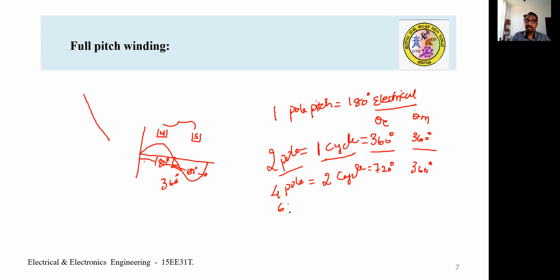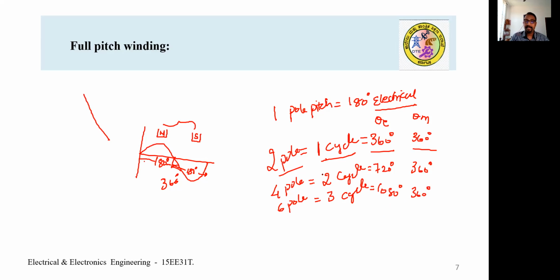On the other hand, if it is a six-pole machine, we can get three cycles of EMF induced. That means 360 degree into 3. We get 1080 degree in one rotation. Electrically 1080 degree, but still mechanically 360 degree.